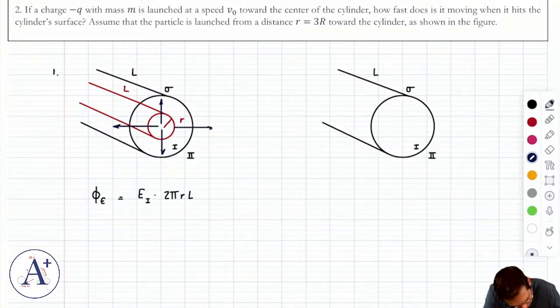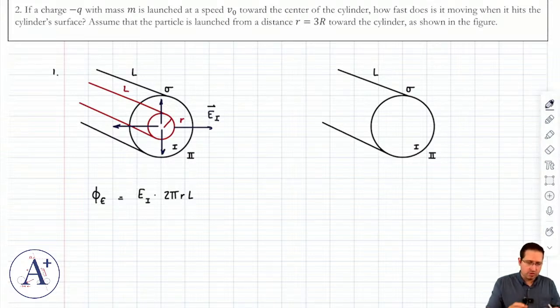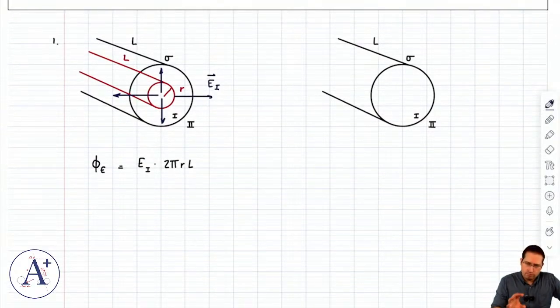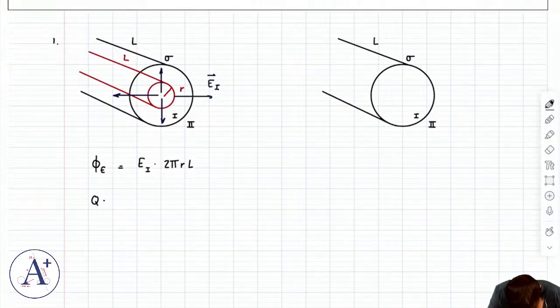Okay. If not, make sure you go back to the previous live stream, which was on Gauss's law, and look at the derivation that we did for the cylinder of charge. Redo it, convince yourself that indeed the flux is going to be E1 times 2 pi RL here. And then that is to be equated to Q enclosed over epsilon naught.